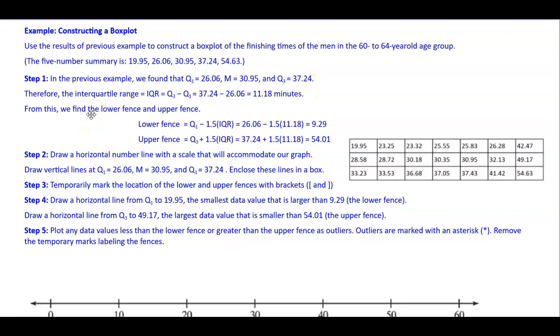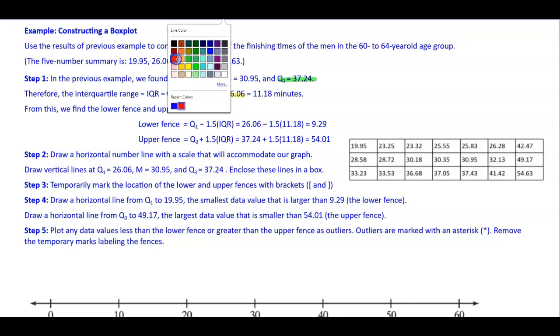So in order to find the interquartile range, we take quartile 3, which is 37.24, and subtract quartile 1, which is 26.06, which gives us 11.18 as the interquartile range.